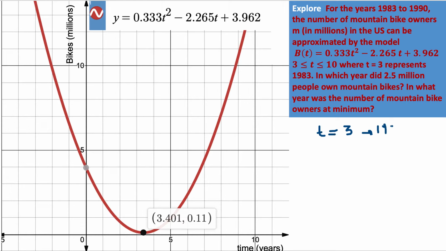And every unit after that represents 1 year more. So if t is equal to 4, it represents 1984, and this continues with the same pattern.